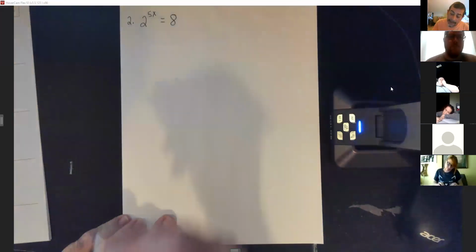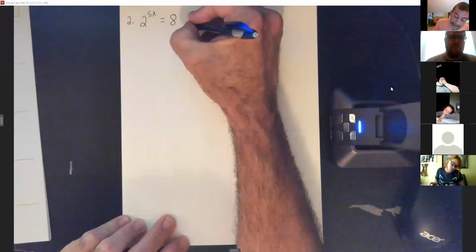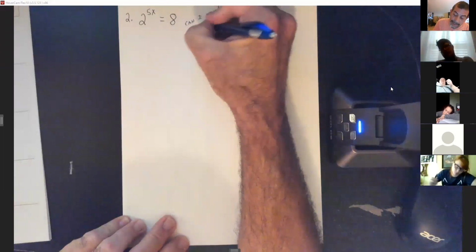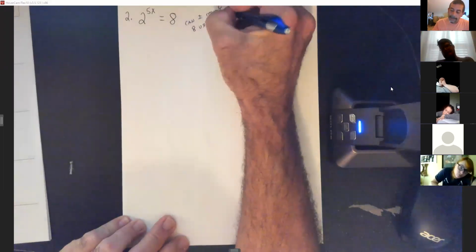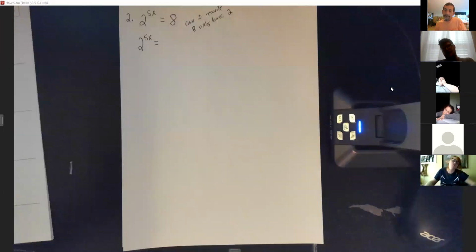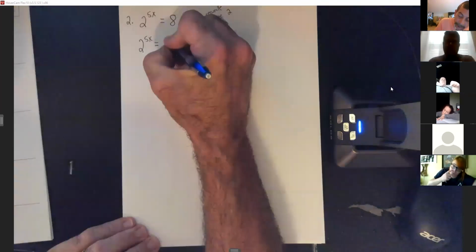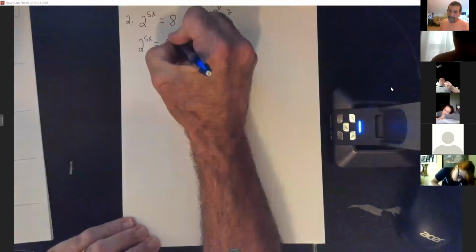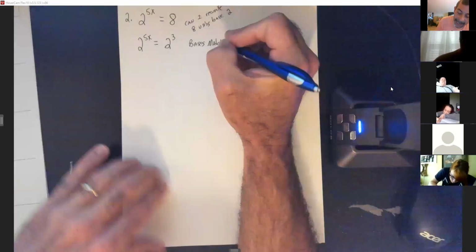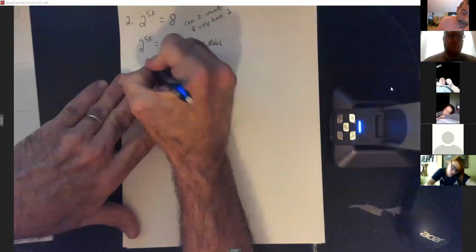I would ask myself, can I rewrite that 8 using base 2? 2 times 2 is 4, and 4 times 2 is 8, so that's 2 to the third. Which means now the bases match. So I know that 5x has to equal 3.